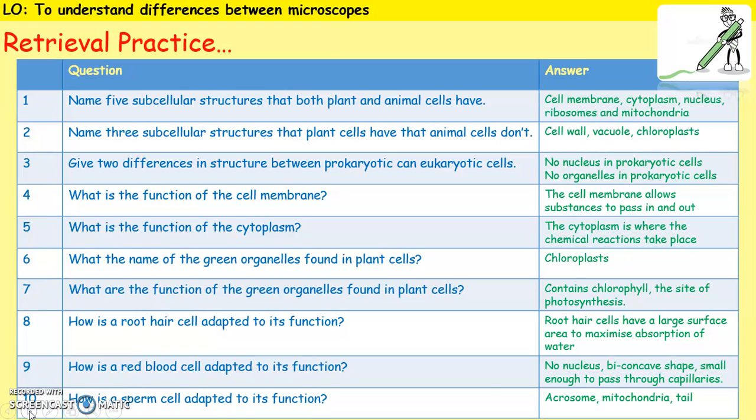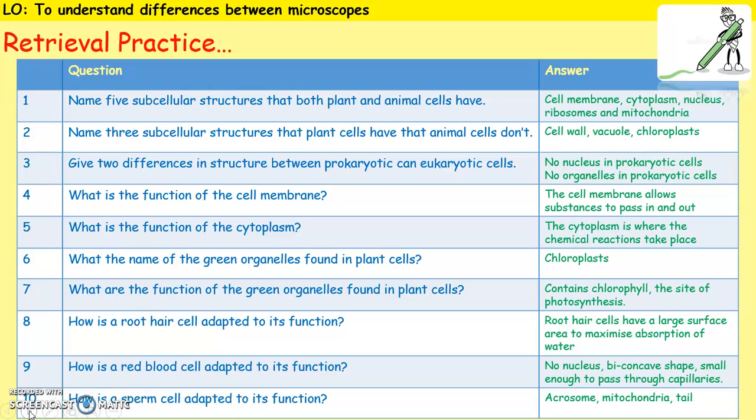Cell membrane, cytoplasm, nucleus, ribosomes, and mitochondria. Fantastic, well done. 3 subcellular structures found in plants but not in animals. Cell wall, vacuole, and chloroplast. Make sure you've got those marked.